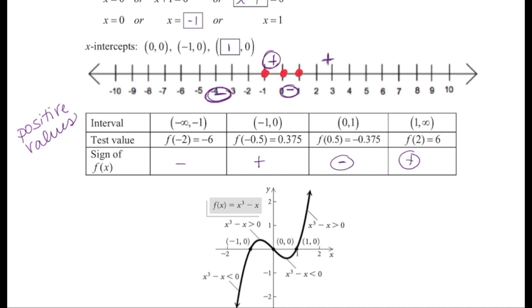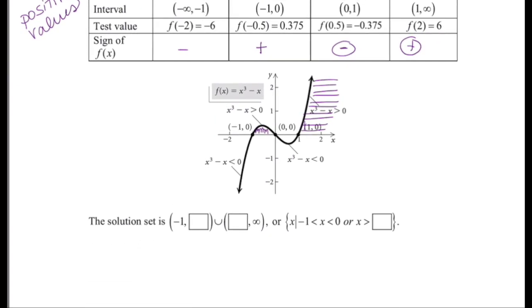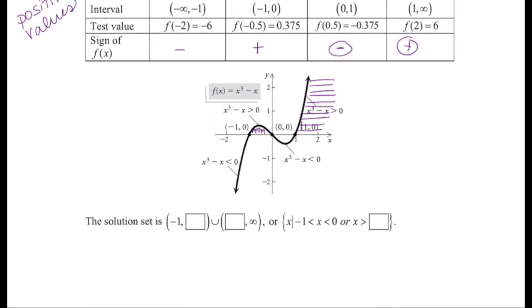So when the only values are between negative 1 and 0, we are positive. And between 1 and infinity, we are positive. Our solution set then is between negative 1 and 0, along with between 1 and infinity.